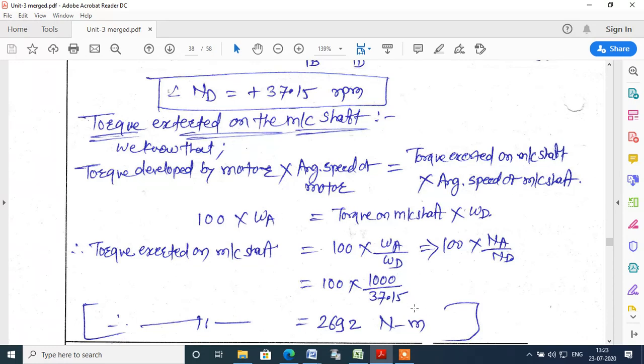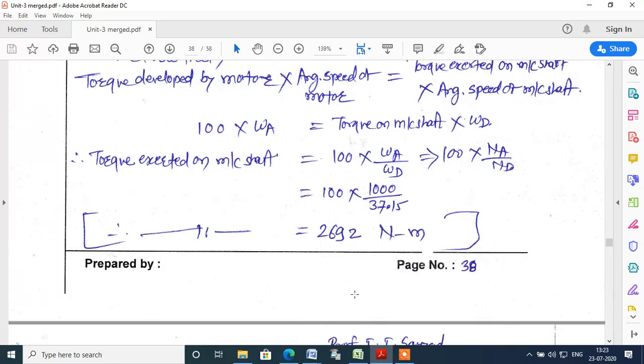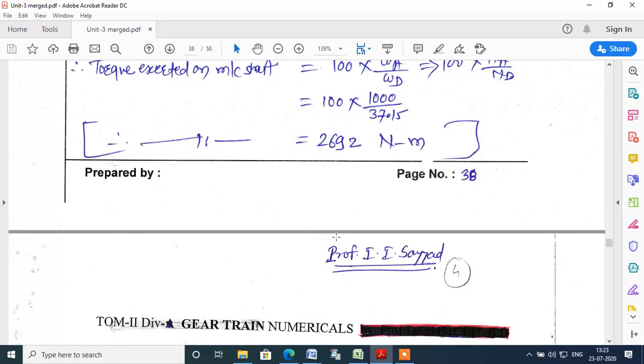The torque on the machine shaft, which we have to calculate, is into the angular speed of the machine shaft. Here D is on the machine shaft, that's why omega D. So the torque on the machine shaft is 100 into omega I by omega D. Omega I by omega D is nothing but NA by ND. So NA we know, ND we know, and it comes to 2692 Newton meter.